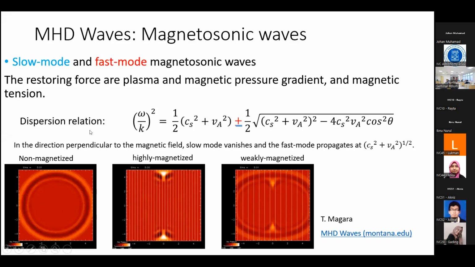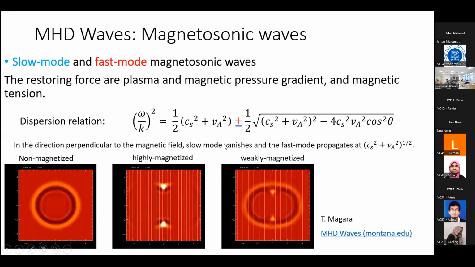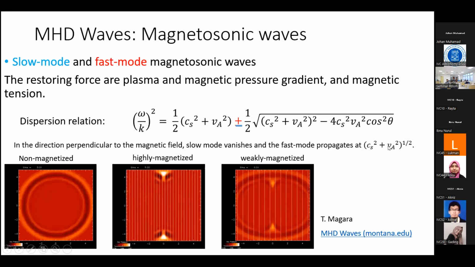In the direction perpendicular to the magnetic field, theta is 90, so this term will be 0, and then the slow mode will vanish, and the fast mode propagates at the square root of cs squared plus va squared. Va is the Alfvén velocity.